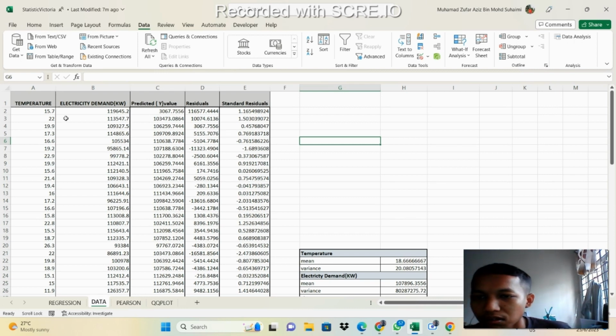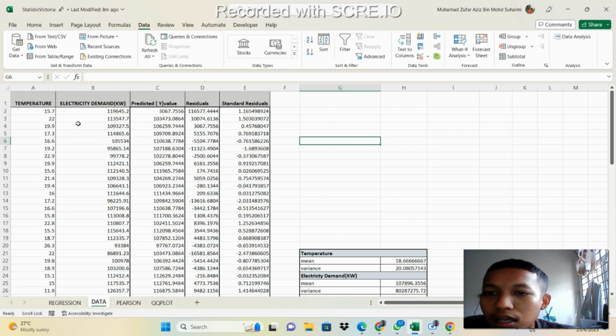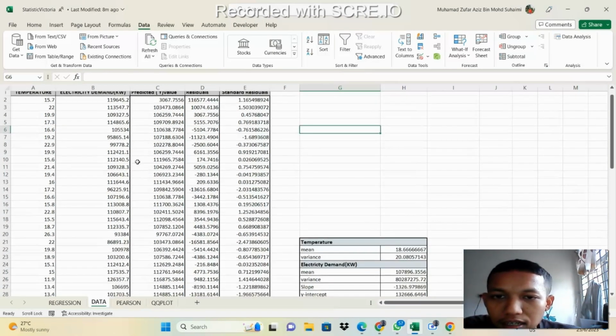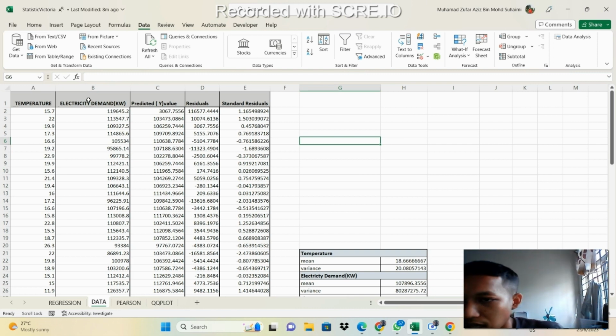When the temperature goes down, the electricity demand goes up, because residential or industrial sites use much more electricity, since they use heaters to keep the body warm. Only this data, I already developed three kinds of data besides the independent and dependent variable.